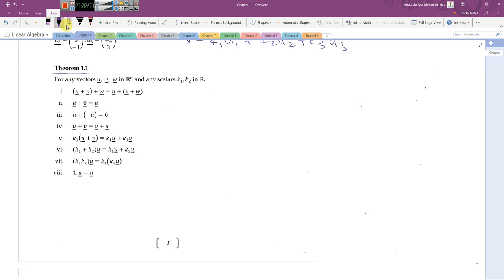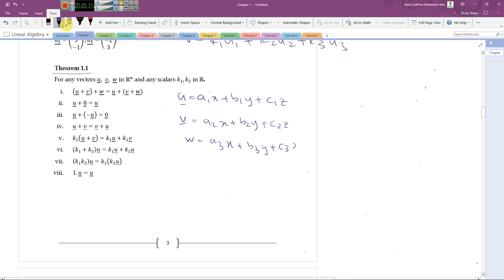If I take u equal to a1x plus b1y plus c1z, v equal to a2x plus b2y plus c2z, and w equal to a3x plus b3y plus c3z.